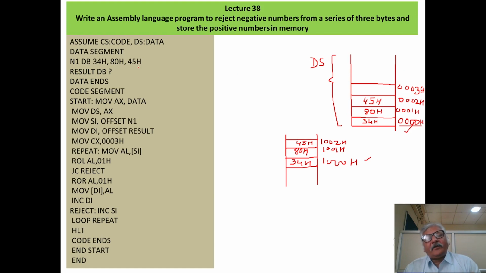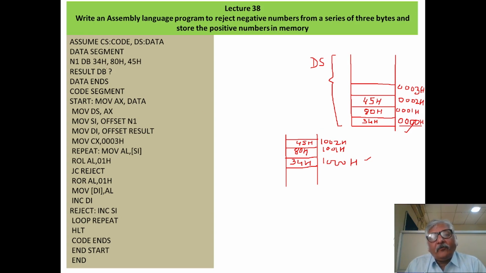Whatever result will be there, result means the positive number. If you find any positive number, then it will be stored at location 0003H. And in this series, if we find another positive number, then that will be stored at the next location, that is 0004H. In this way, we will store the result.